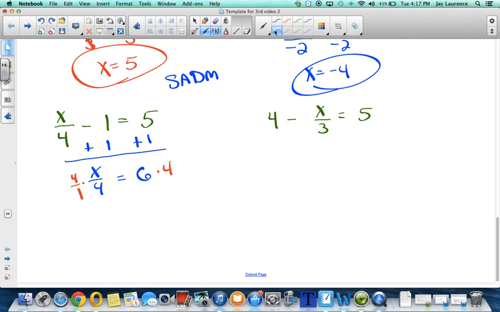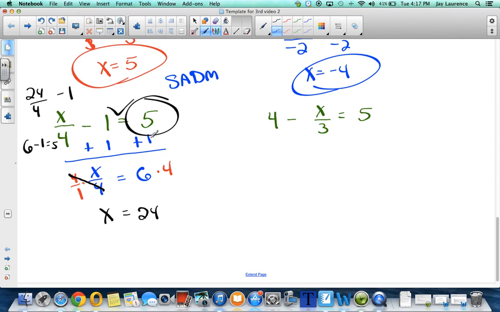When I do this, the 4's cancel, leaving me with an x over 1, or just simply x, and 6 times 4 is 24. Now, of course, we can check this. 24 over 4 minus 1. 24 divided by 4 is 6, minus 1 is 5. It checks. Yay for me.